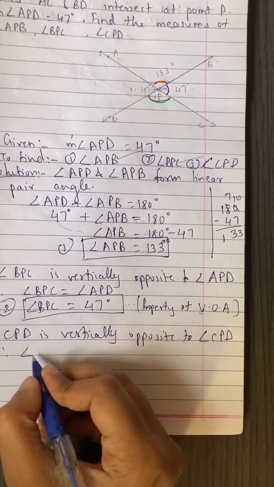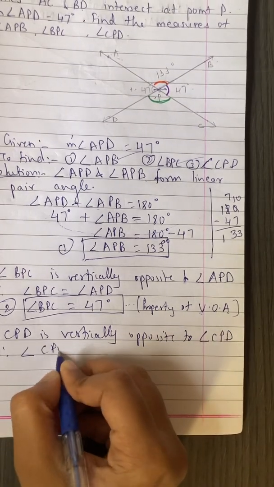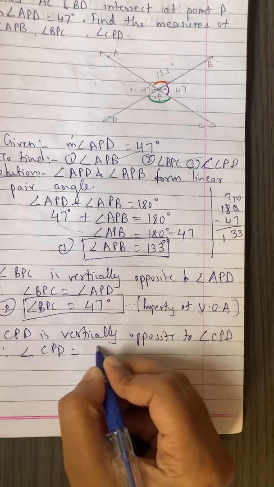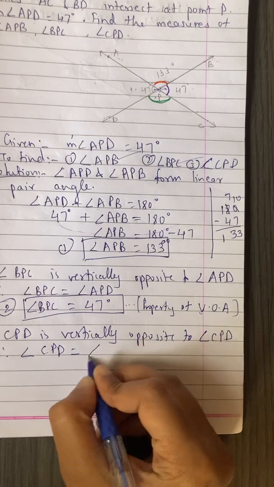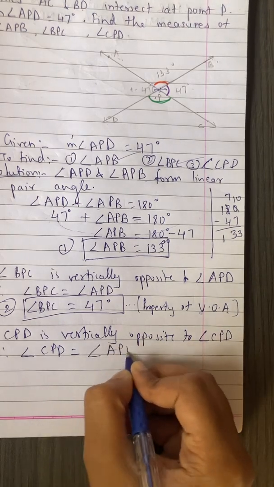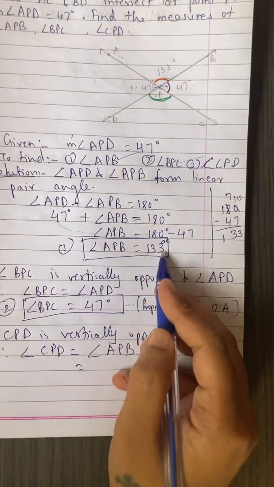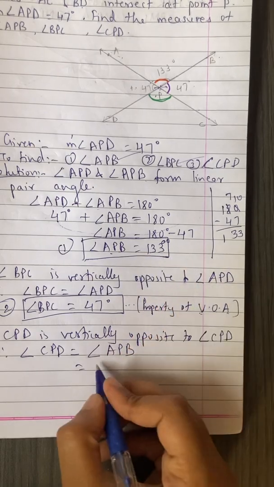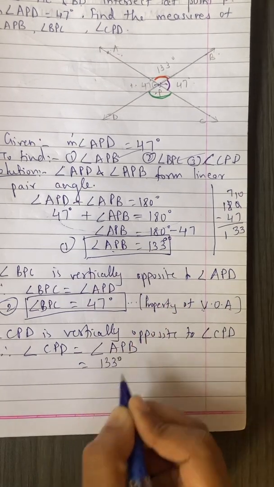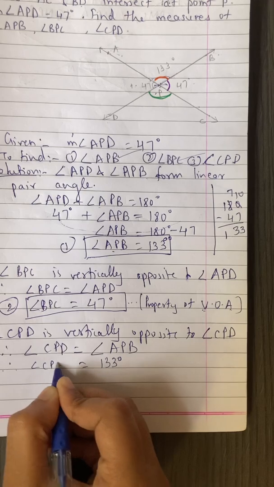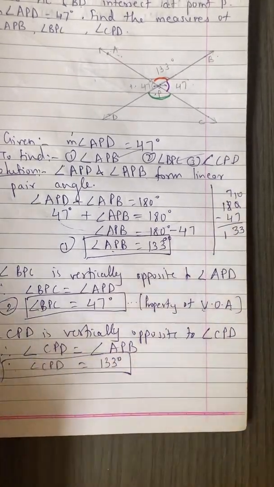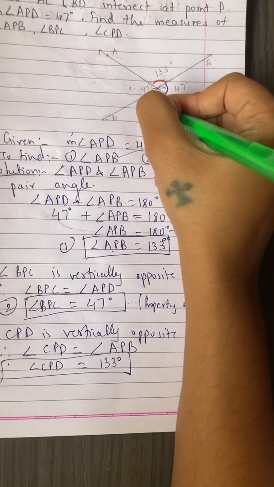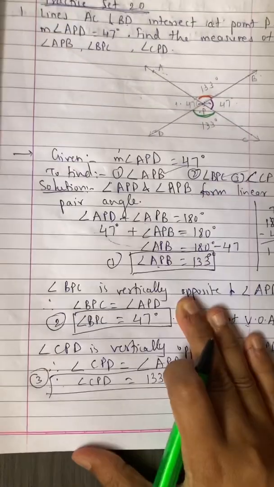Therefore, angle CPD is equal to angle APB, because vertically opposite angles are always congruent or equal. APB we have found to be 133 degrees. So therefore CPD is also 133 degrees. So that's how we find the third thing also, which is 133 degrees.